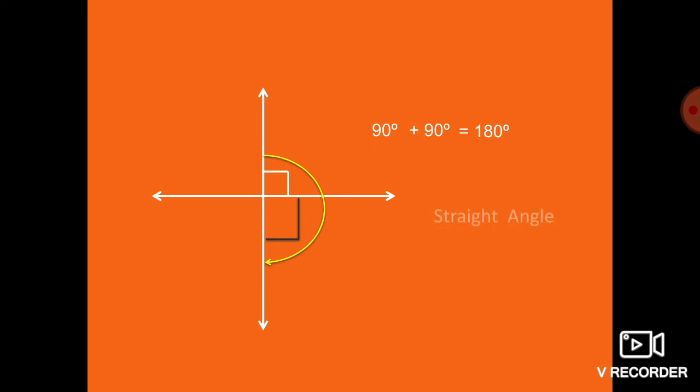Such angles are called straight angles. So the measurement of a right angle is 90 degree and the measurement of a straight angle is 180 degree. A straight angle is the combination of two right angles.